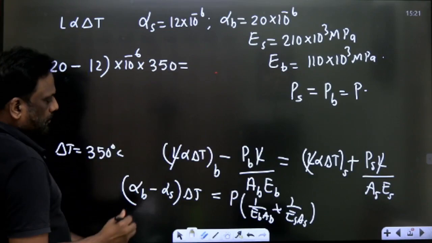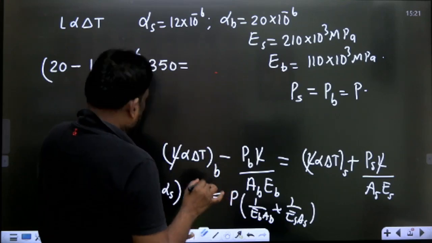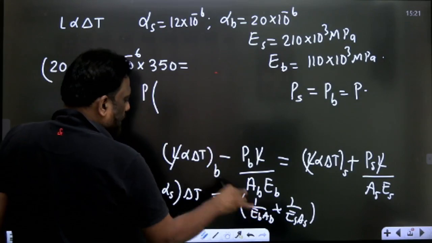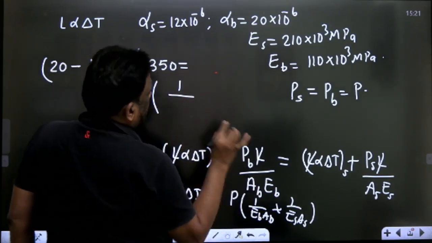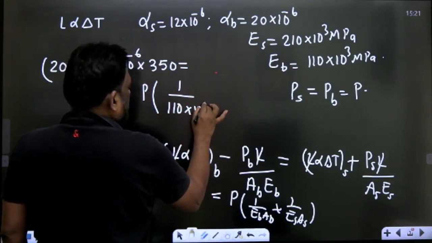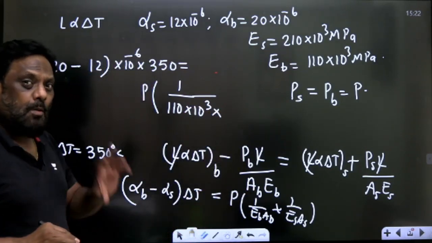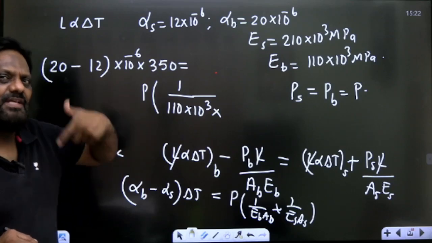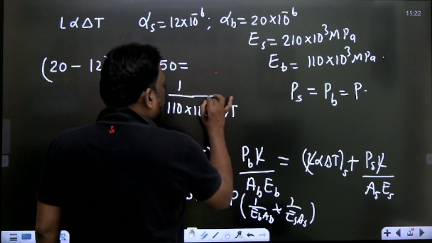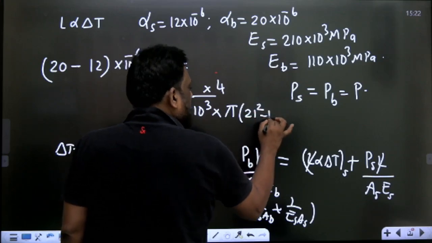That should be equal to P into 1 by EB AB. What is EB? 110 into 10 power 3. What is the area of bronze? The bronze sleeve has outer diameter 21 and inner diameter 15. So pi by 4, into 21 square minus 15 square.